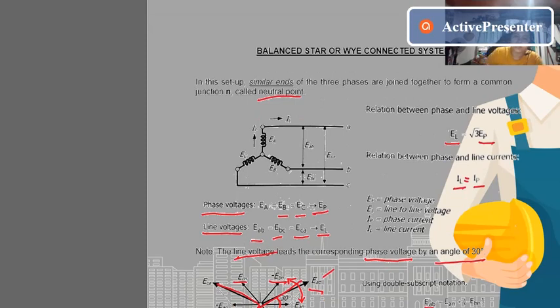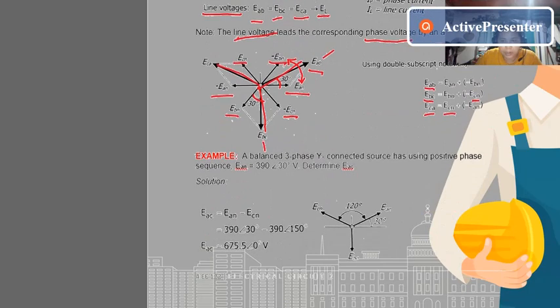So, i-apply nato for our example sa balanced star or Y connected. So, makita nato sa atong figure ha, maka-form siya og Y. So, for our example, a balanced three-phase Y connected source has using positive phase sequence. Given nga EAN is 390 with an angle of 30 degrees volts. Determine EAC.